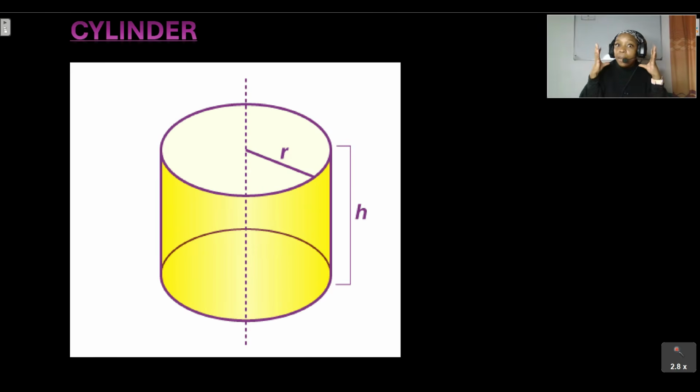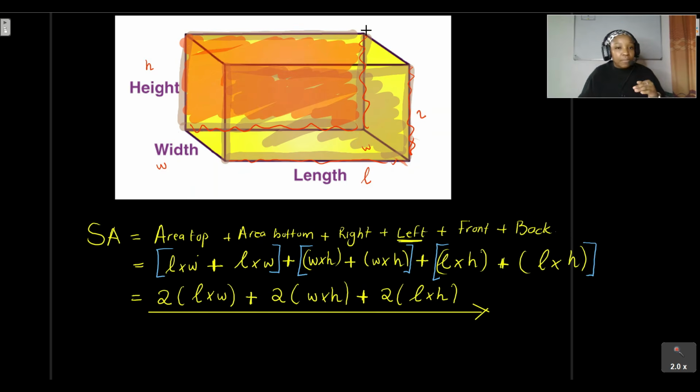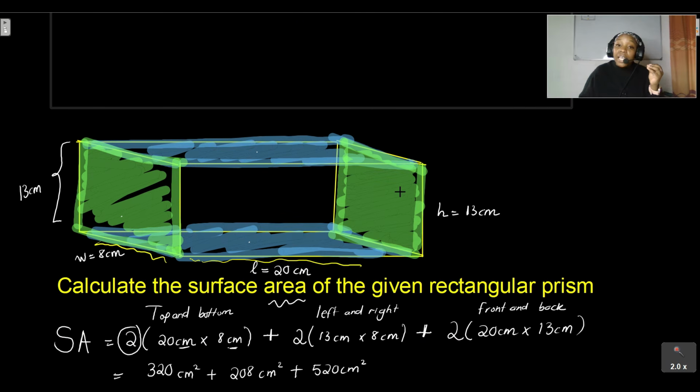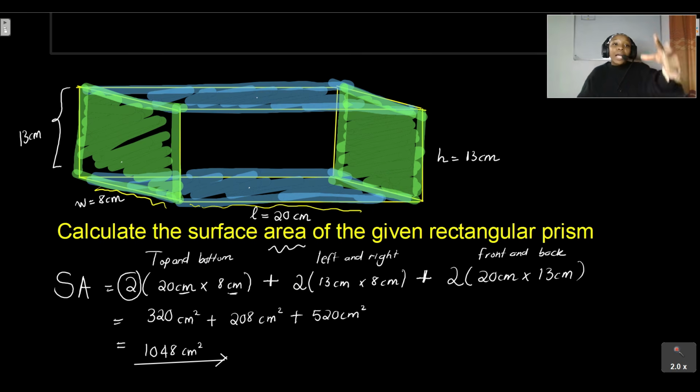In your mathematical literacy exams, the trick is this: if you don't understand what surface area is, and they tell you to calculate the surface area of a given rectangular prism, for example, the surface area of this shoebox, where the lid on top of the shoebox is not there, then if you're a person that just crammed formulas, you are not going to understand how to calculate that surface area.